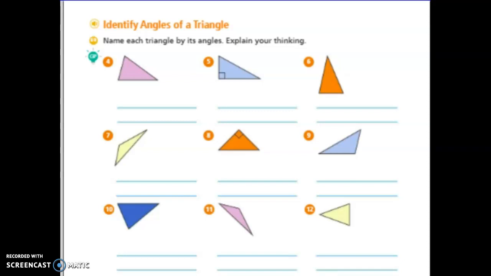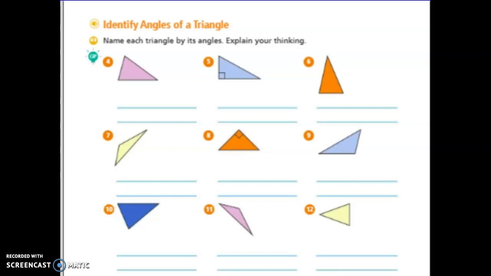All right, I'm going to give you some time to think about number 7. Look at all 3 angles. Remember, a triangle has 3 angles. Look at all 3 of them. 2 of them are definitely acute. 1 of them is bigger than acute. So is that an acute triangle, a right triangle, or obtuse?